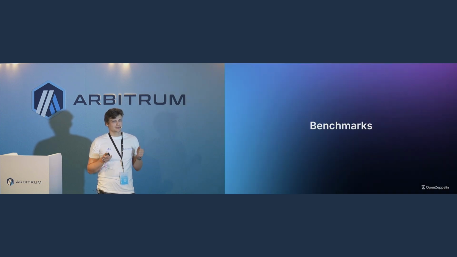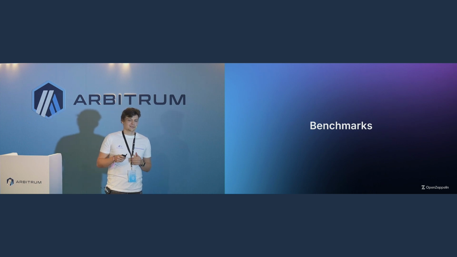Also, another important thing for your library: since one of the selling points of Stylus is that it should be cheap, of course we are not going to use contracts written in Solidity, because in some cases they can consume quite a lot of gas. The good thing is to store a gas footprint every time you add new changes to your library.